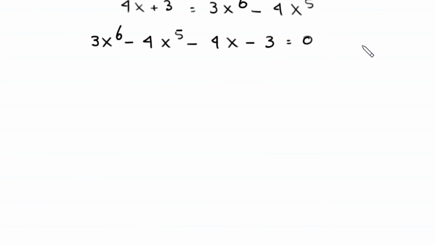Now we divide the whole equation by x cubed. We divide each term by x cubed.